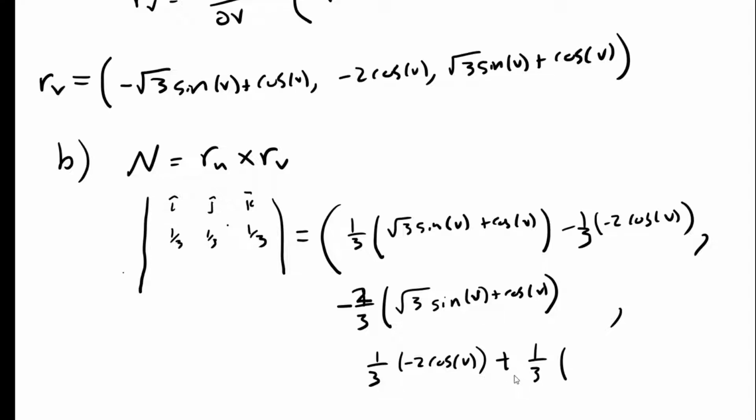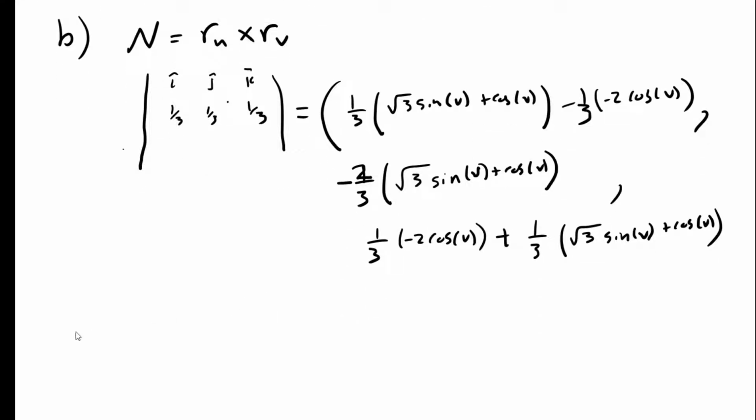Right, because 1/3 times this minus minus times that. Yeah. And other than just distributing the 1/3 and simplifying, this is going to be our normal vector.